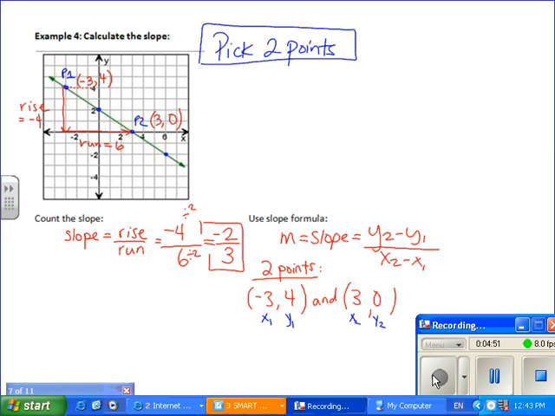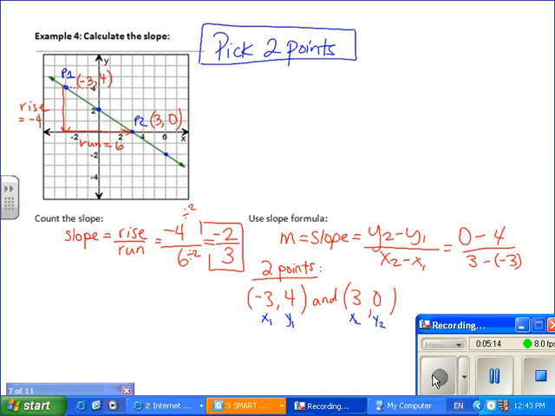So now we're going to substitute those values into our formula. y2 is 0 minus y1, which is 4, over x2, which is 3, minus x1, and remember that's a negative 3, so I keep the negative sign with it.